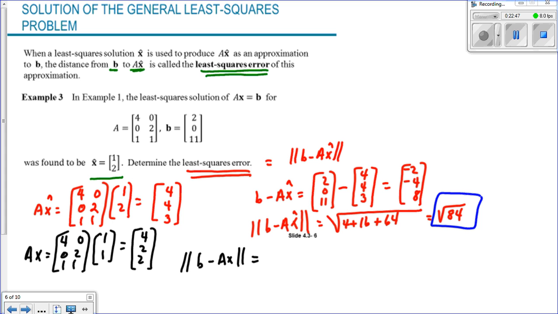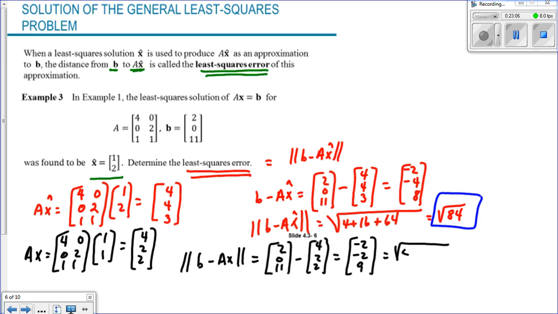Well, b minus that Ax, which is slightly bigger than the 84. Okay, so if they ask for the least squares error, find the least squares solution, and then just take the magnitude, that distance between b and that A x hat.